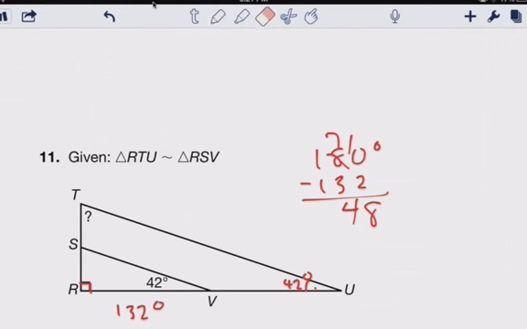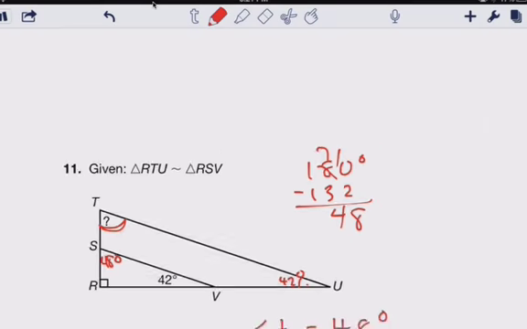So this little piece is 48 degrees, and therefore this is, because it's congruent, they're exactly alike. Similar triangles have congruent angles. Angle T is equal to 48 degrees also. If you add them all up, it equals 180. Make sure you check it by adding it all up to make it equal to 180, okay? So show all the work.